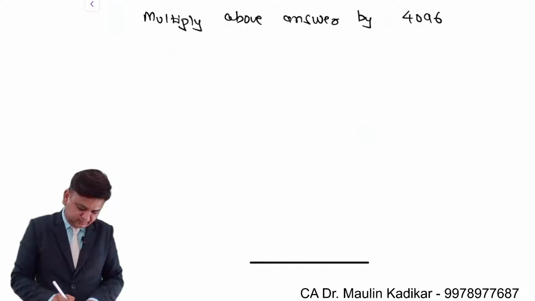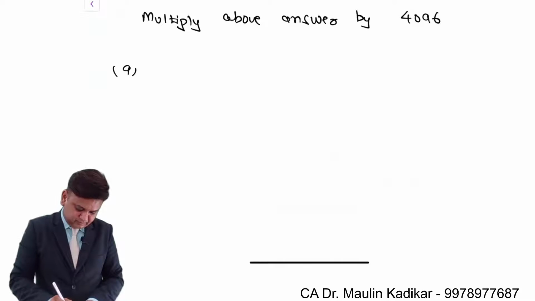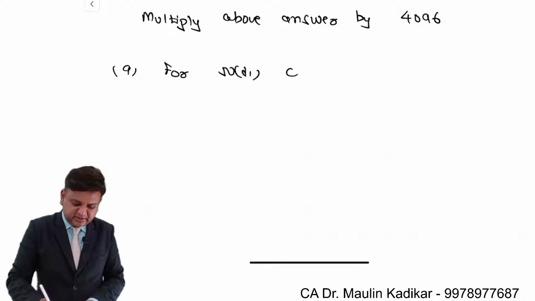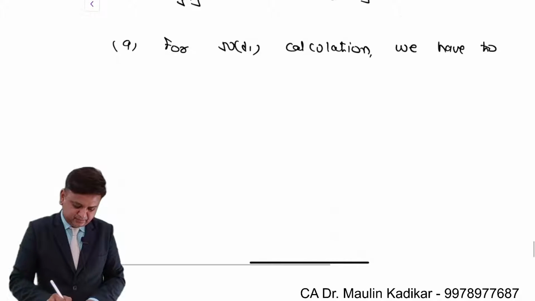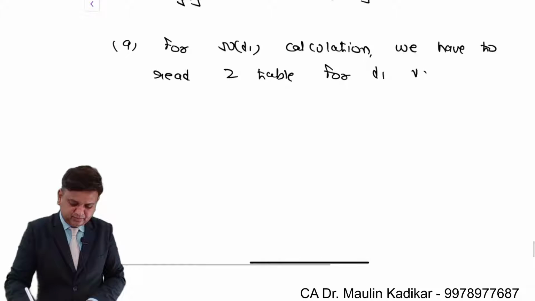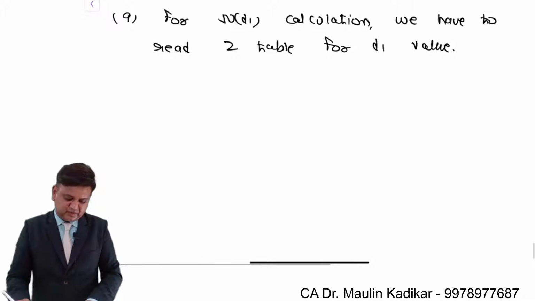Next point, for ND1 calculation, we have to read Z table for D1 value. Full stop.